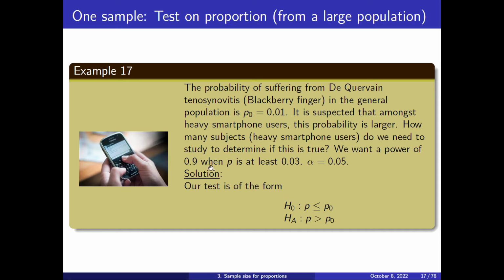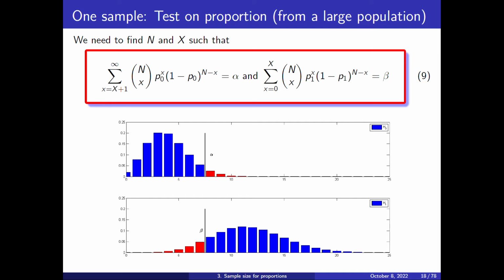So how many samples do you need to make this calculation? As always, you need to have two distributions. One when the null hypothesis is true, another one when the alternative is true. So when the null hypothesis is true, we will take the upper bound. The upper bound is 1%.